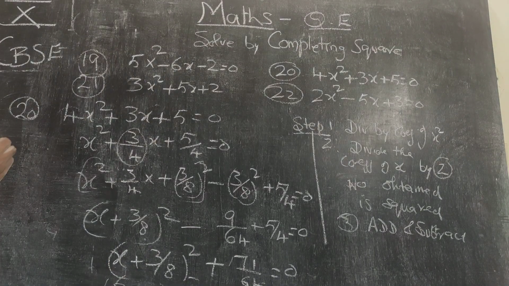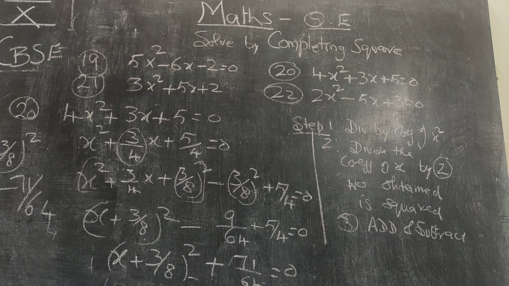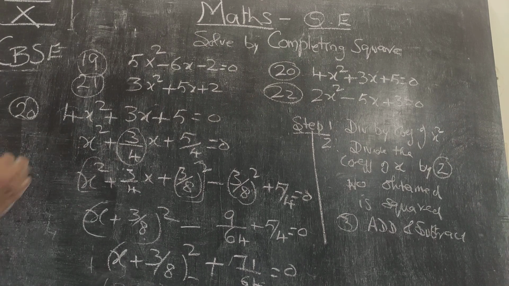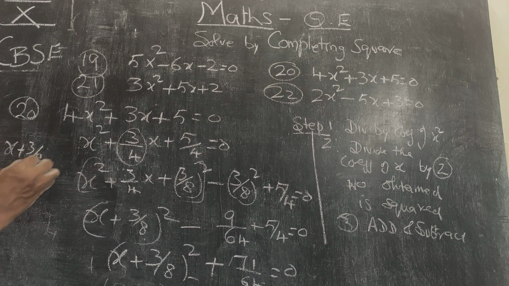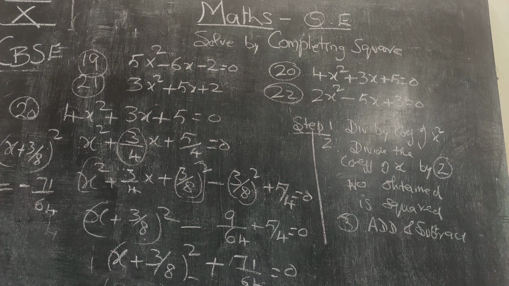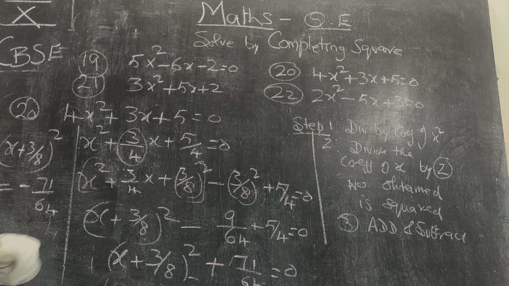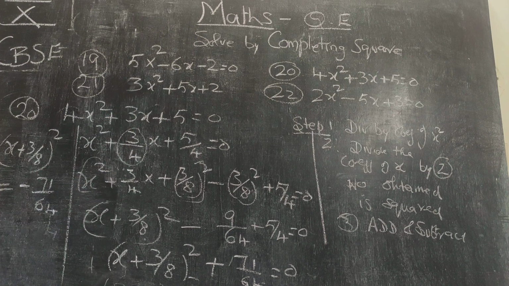I will write the part here. The board is not visible, that's why I am rewriting again. X plus 3 by 8 the whole square is on the left hand side. On the right hand side we have minus 71 by 64, which is absurd because this is a square, therefore it must be a positive number, since the roots are not possible, no real roots for this problem.